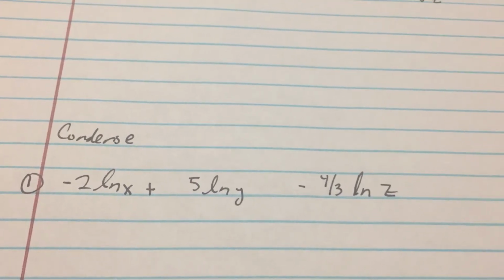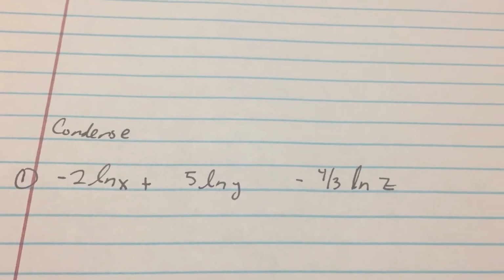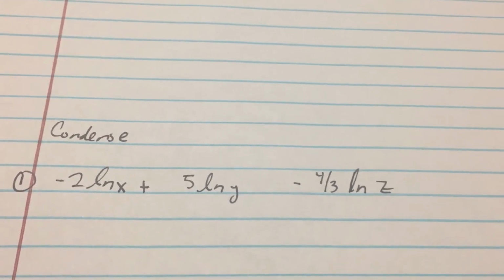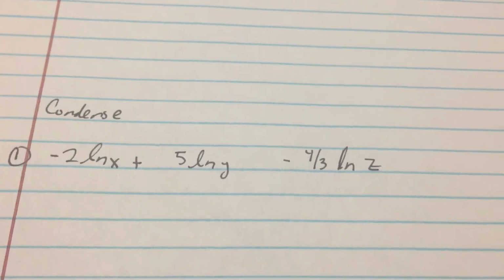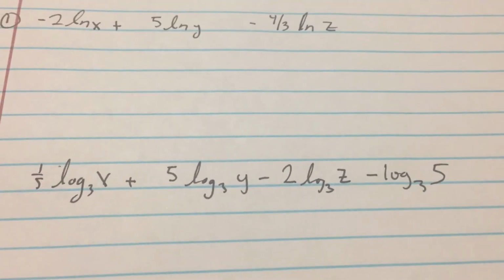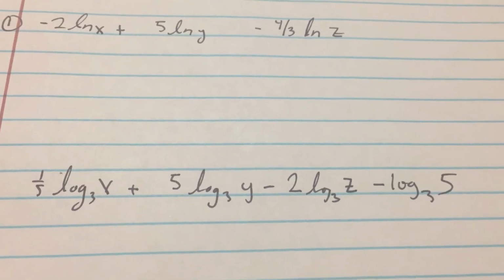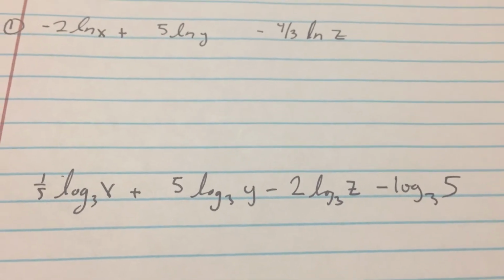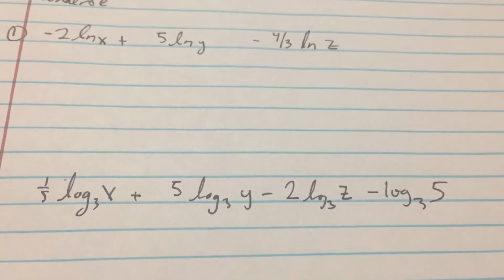So the first one is negative 2 natural log of x plus 5 natural log of y minus 4/3 natural log of z. And last is 1/5 log base 3 of x plus 5 log base 3 of y minus 2 log base 3 of z minus log base 3 of 5.